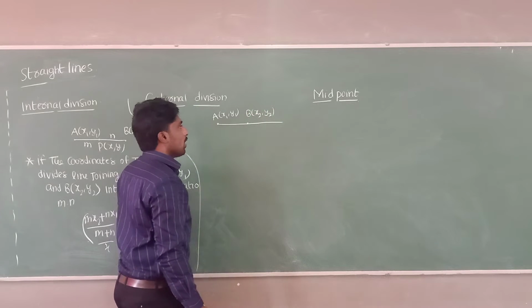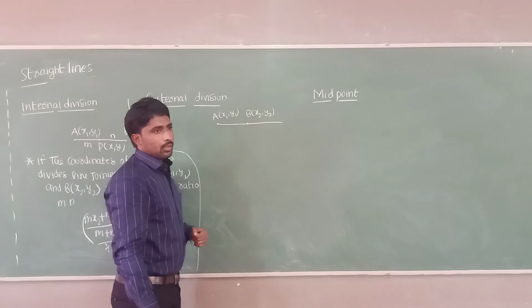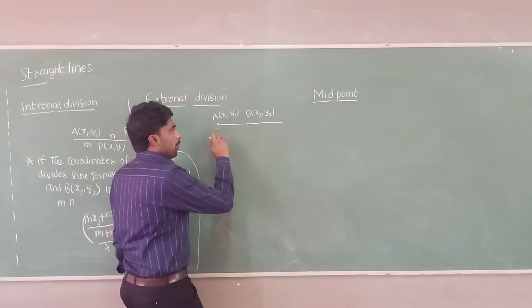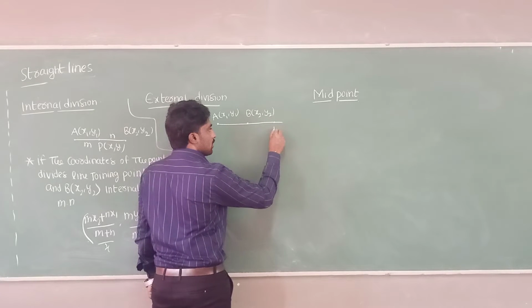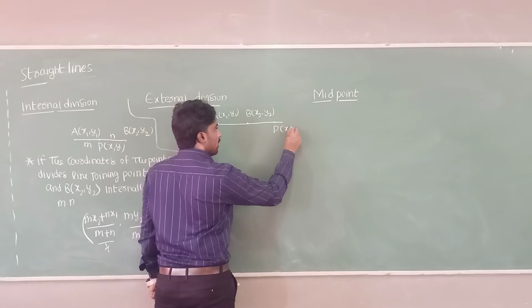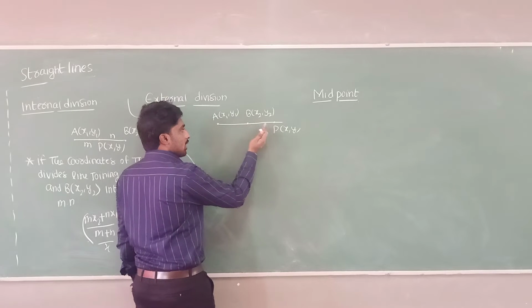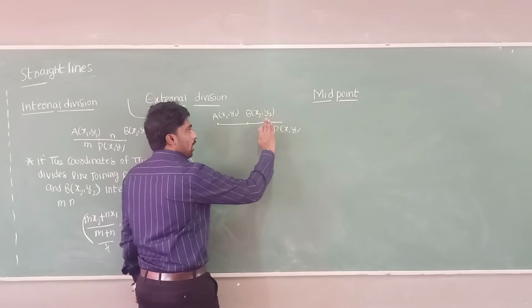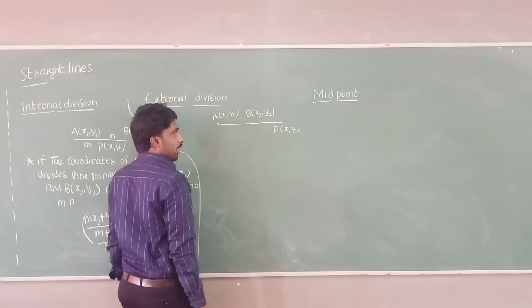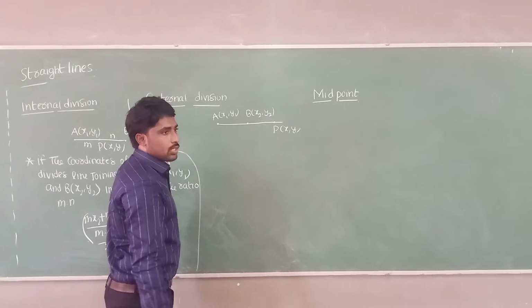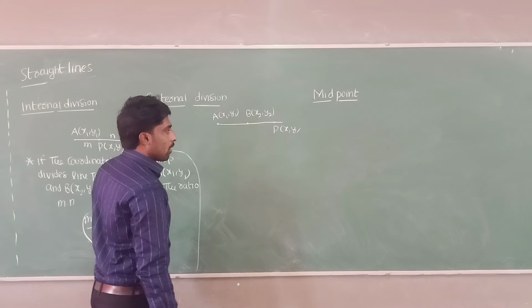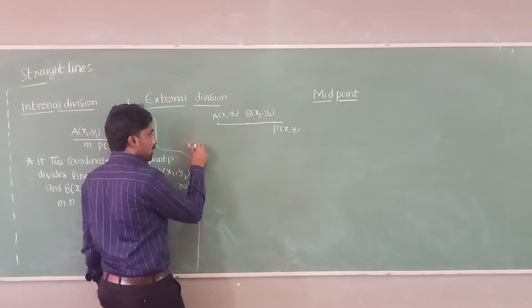Internal division means the point lies between A and B. External division means the point lies outside of A and B, which means here, on the left side or the right side of these 2 points. So this point divides A and B in the ratio m is to n. If they ask like that, you represent it this way.